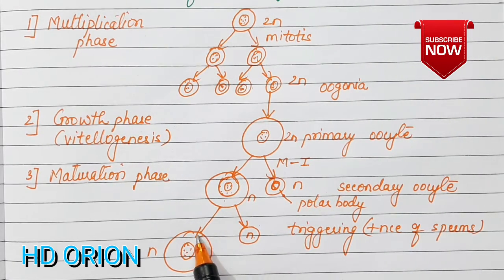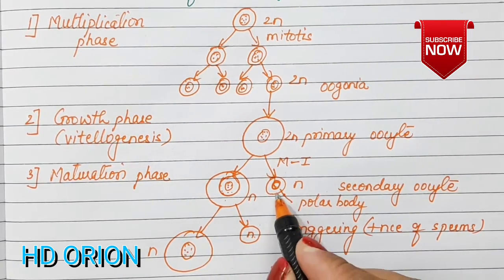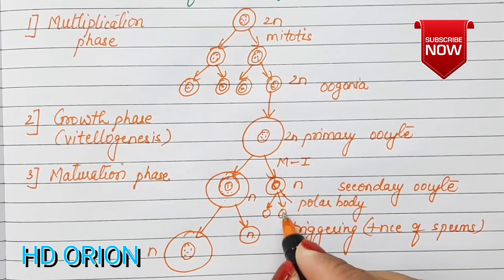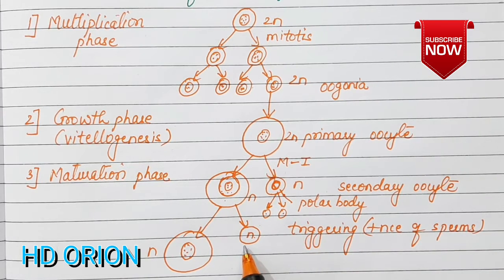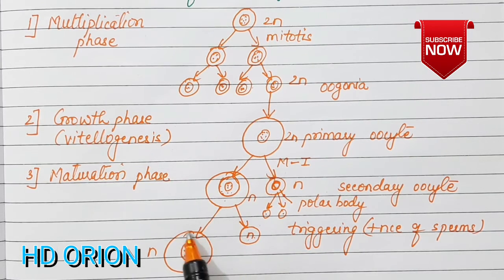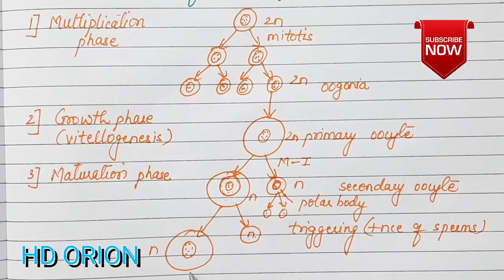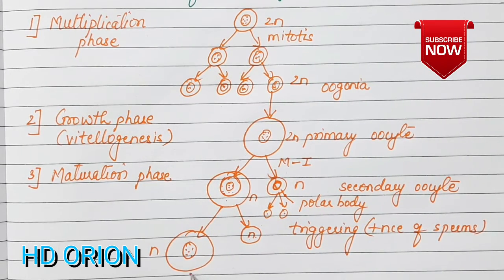This is undergoing meiosis II to form this. This may even undergo meiosis II to form two small polar bodies, and therefore at the end there may be three polar bodies formed, and one ovum formed. So this is the secondary oocyte, and this is the ovum which is formed at the end of the process of oogenesis.